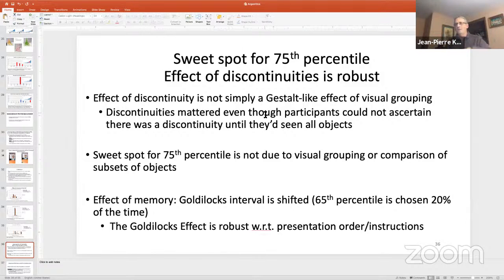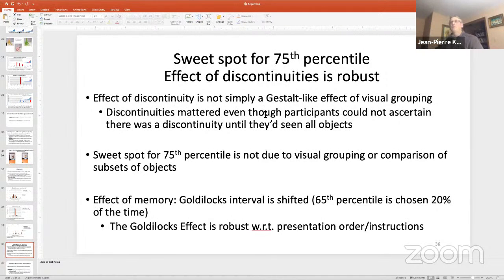This means the discontinuity object might be the first object they saw or the last object they saw. They had no way of knowing. But somehow, when interrogating their memory, they kept track of where there was a discontinuity, so that it had an effect on their responses when we presented objects one by one.